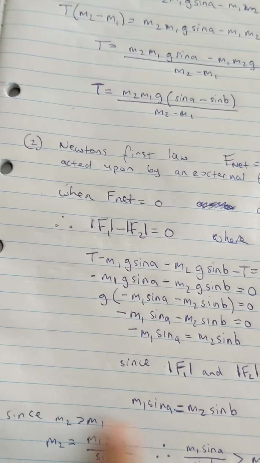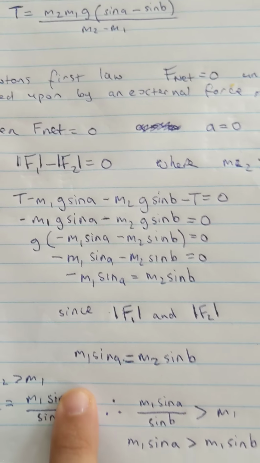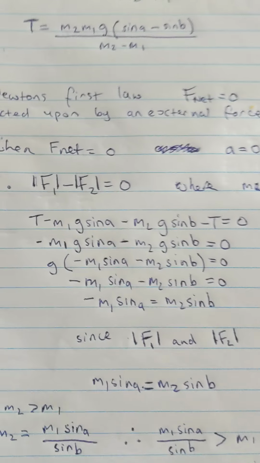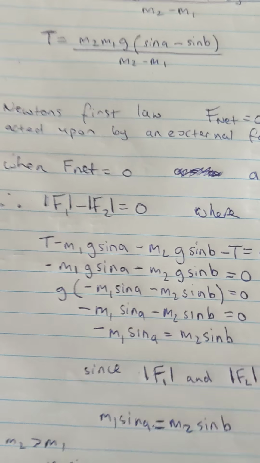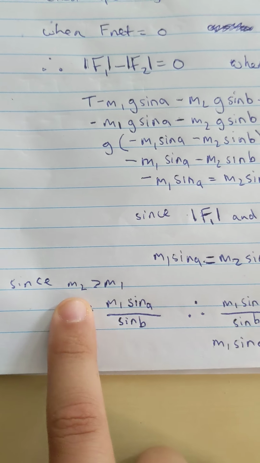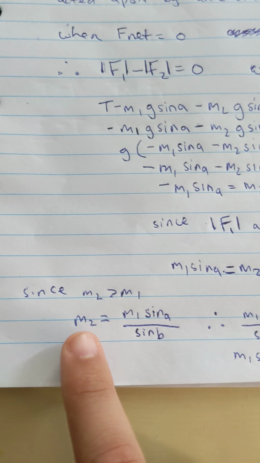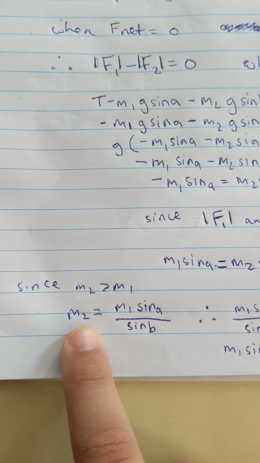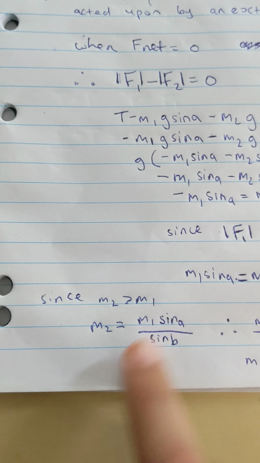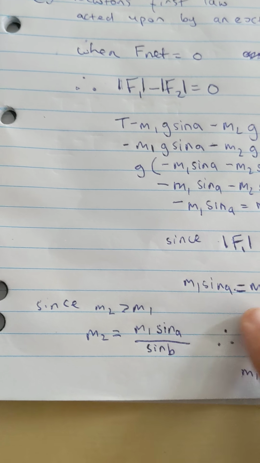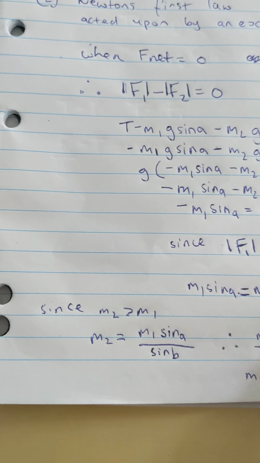Therefore, mass 1 sine alpha equals mass 2 sine beta to get net force 0. So that's one condition. The second condition is m2 has to be greater than m1. Since m2 is greater than m1, we know that m2 equals m1 sine alpha over sine beta, as I found here: m1 sine alpha equals m2 sine beta.